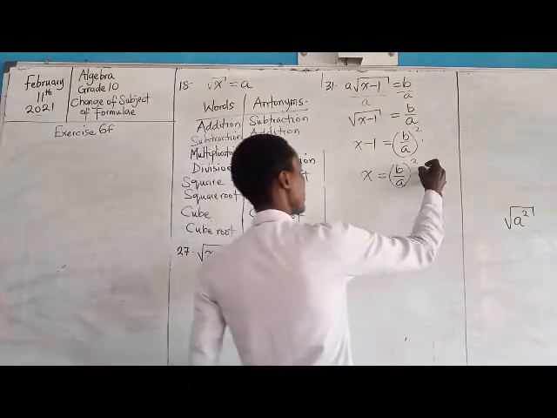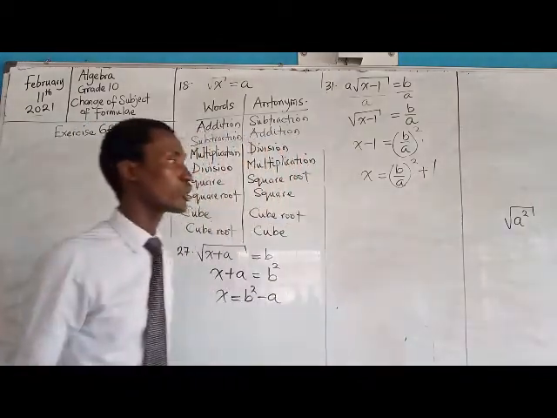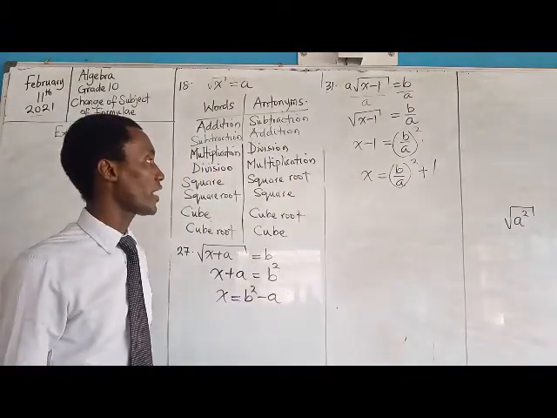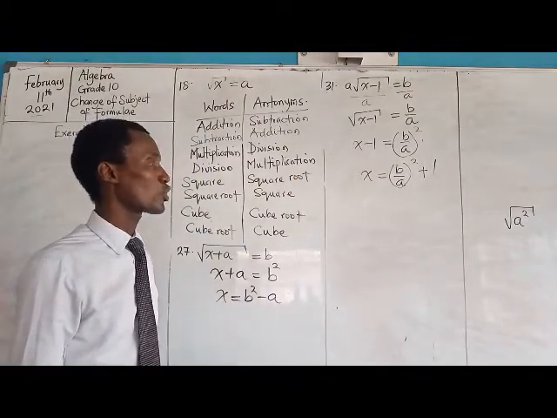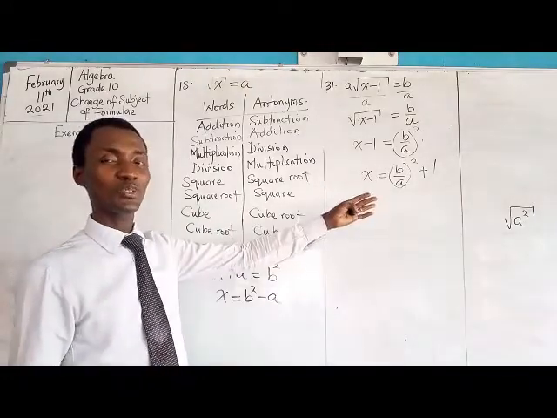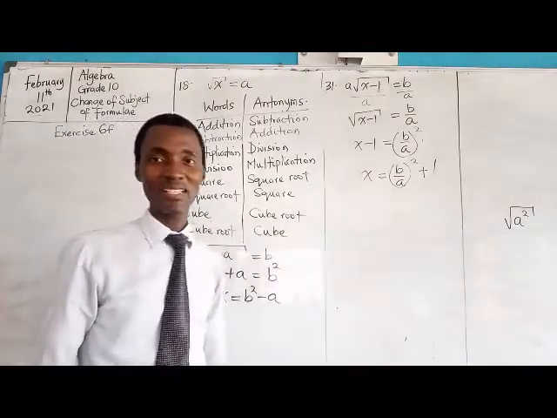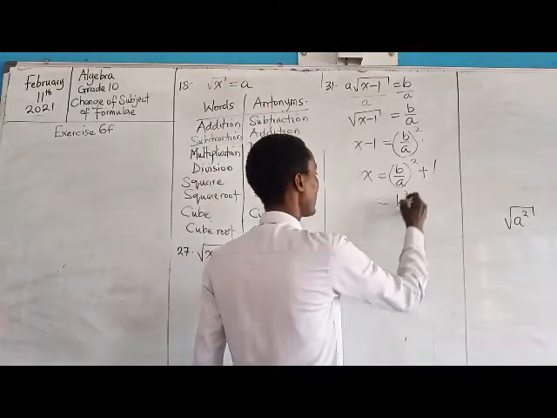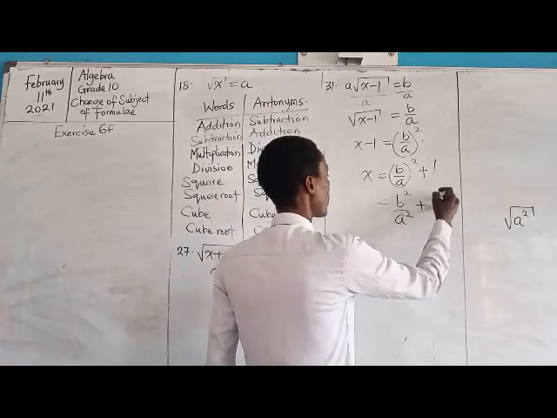Okay, plus 1. Thanks for the observation. It's actually going to be what? Plus 1. So b over a all squared plus 1. From here you can do wonderful things, but let's keep it at that. Somebody can also go on to see that it is b squared over a squared plus 1.